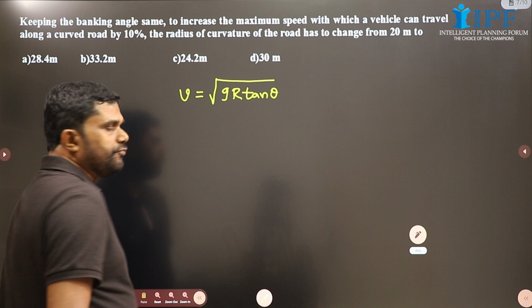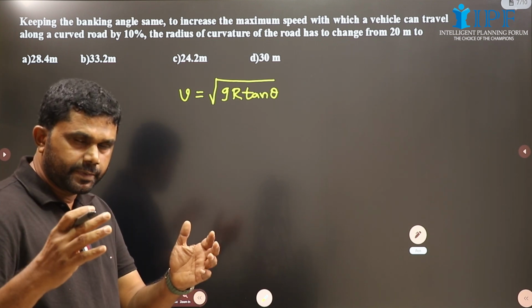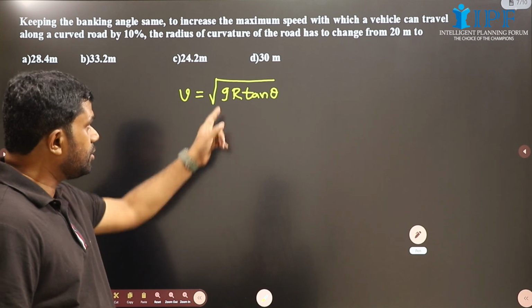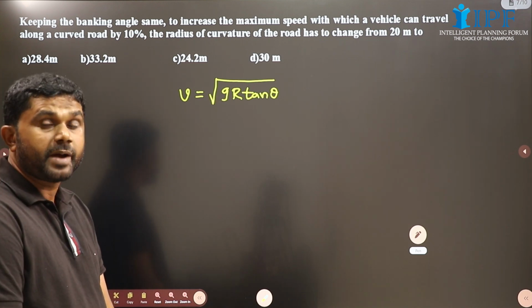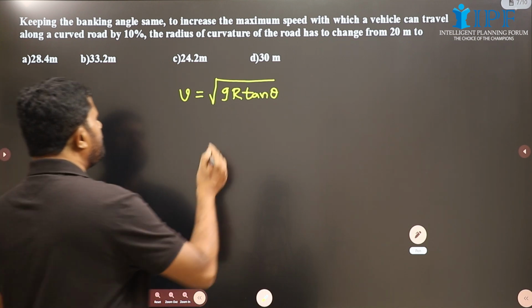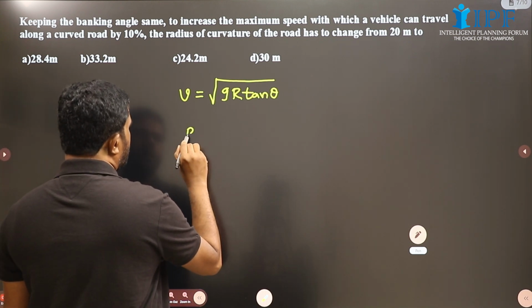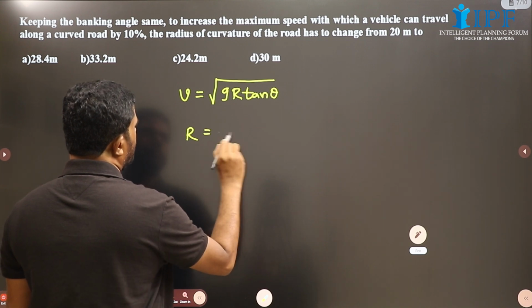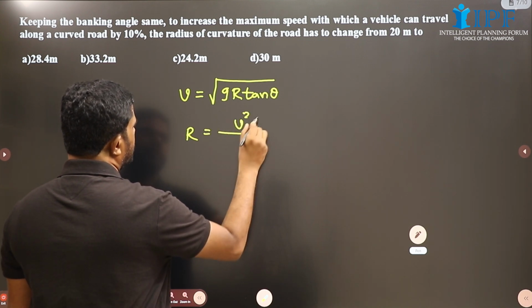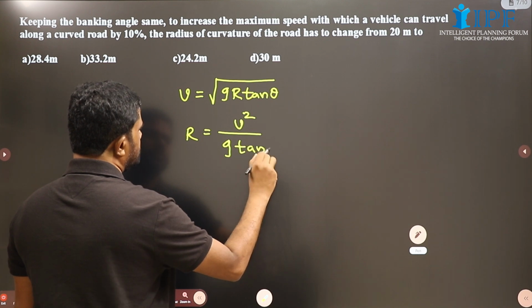It is V equal to root of Rg tan theta. V is the maximum speed with which the vehicle can take a turn of radius R when it's banked at an angle theta. If you square both sides, you will get radius r equal to V square divided by g tan theta.